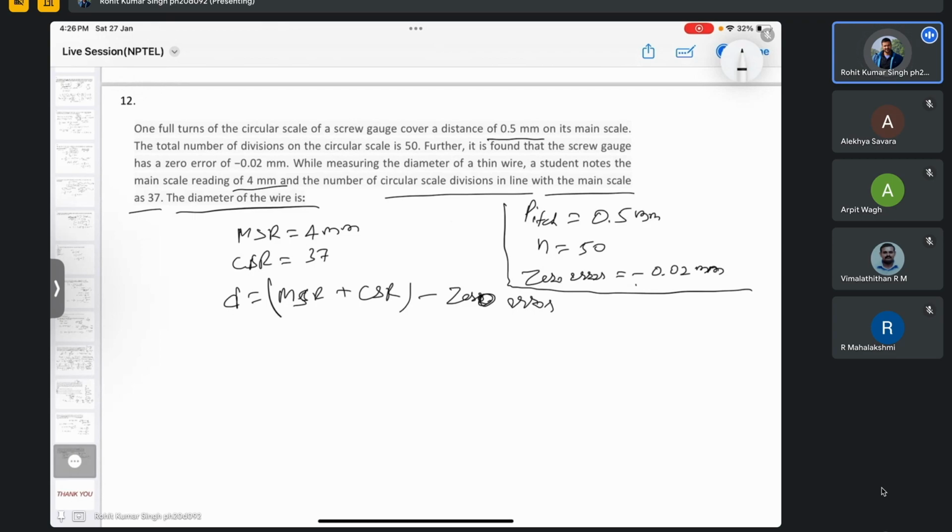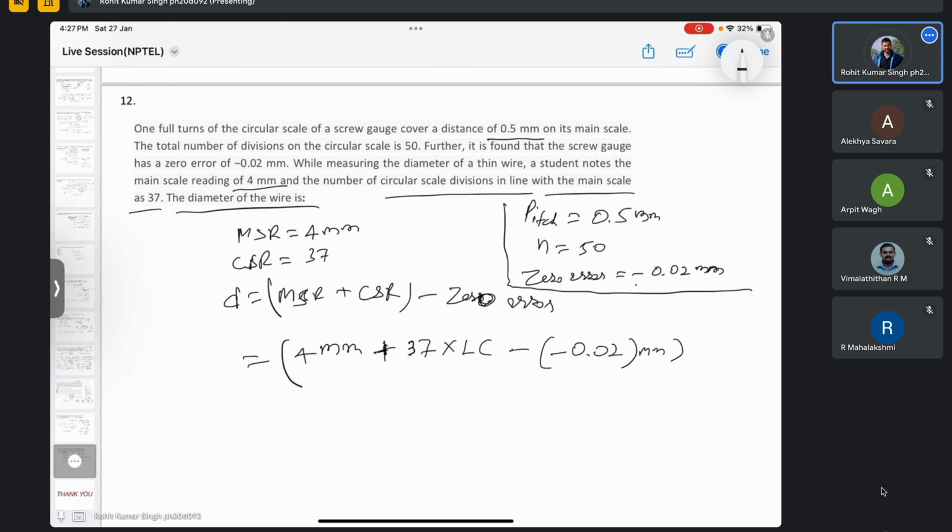Now let's put everything in. 4 mm is the main scale reading, plus circular scale reading, which is 37 into least count, and then minus of minus 0.02 mm.